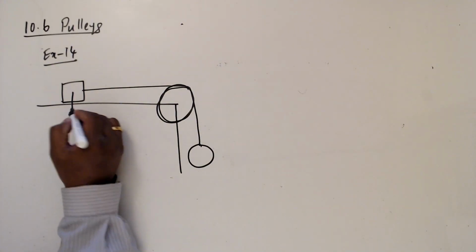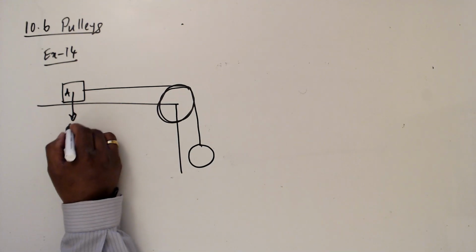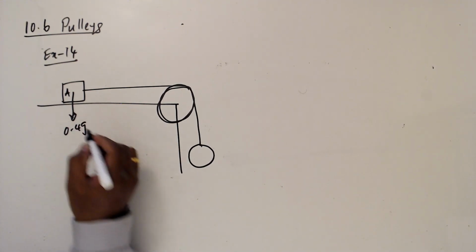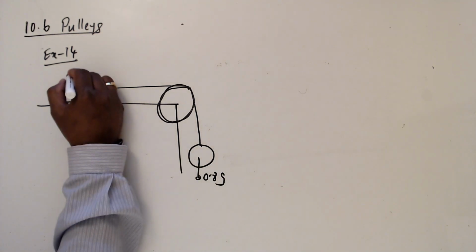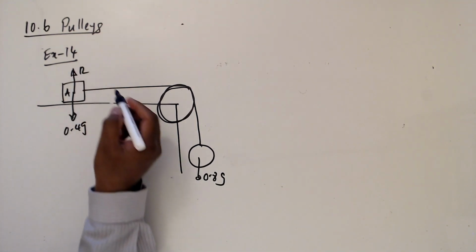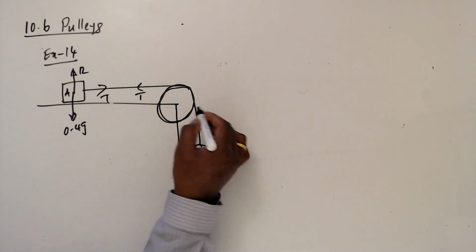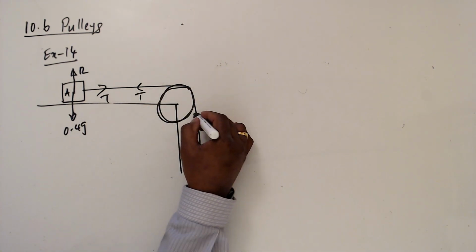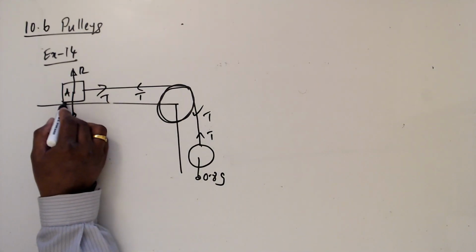The weight is given on particle A, that is 0.4 g, and this is 0.8 g, and the normal force is R, and there is a tension T. This is a smooth pulley, so tension is everywhere the same.